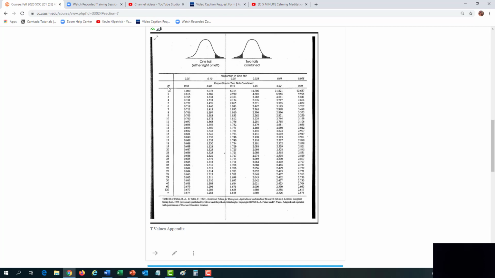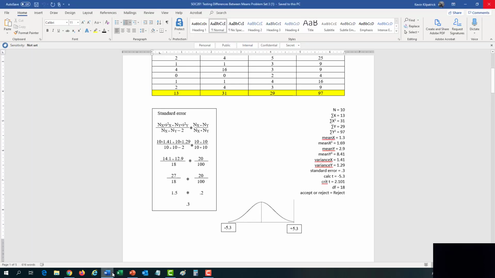So we need to go down the degree of freedom column to 18, and then straight across until we get over to this number, which is in the 0.05 column for a two-tailed test, 2.101. And lo and behold, oh my God, there it is.